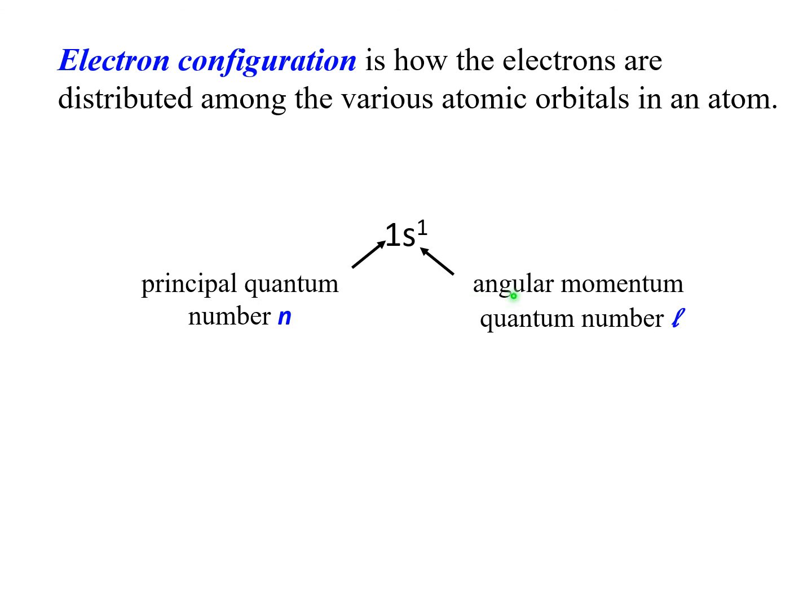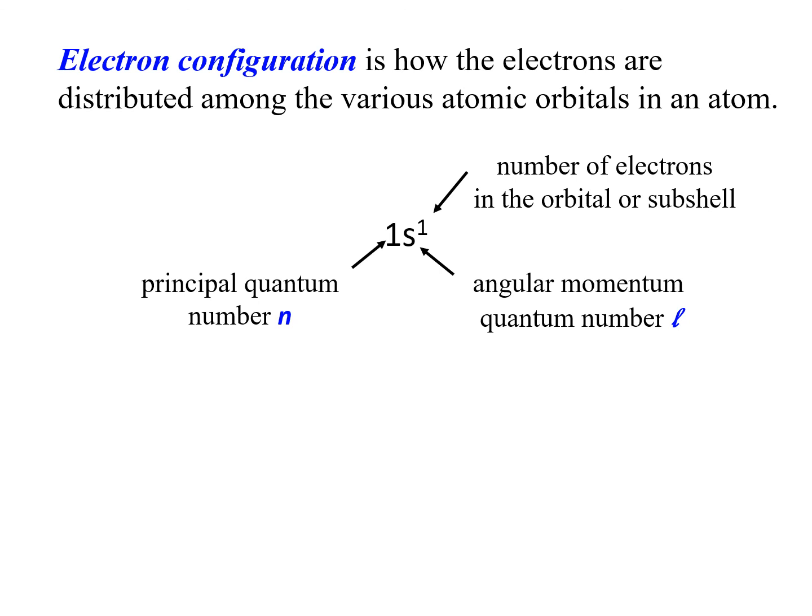This is the angular momentum quantum number. Don't forget it. It's L. What does L describe? Anybody remember? It describes the shape. Okay? And so this describes the energy level, and this describes the shape, which is spherical.